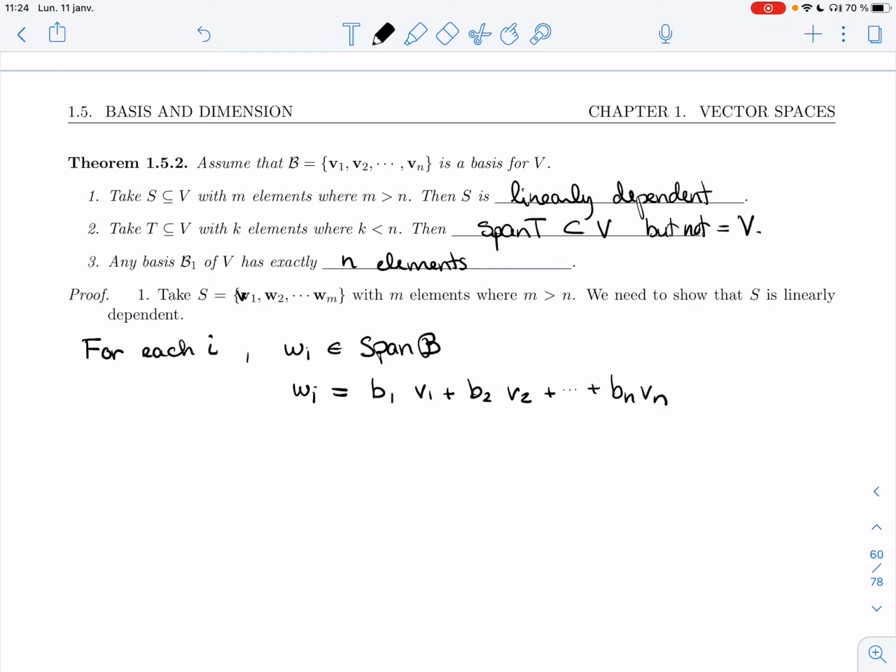These coefficients will depend on i, and so let me add an index here to make sure that we have a good notation for each linear combination.